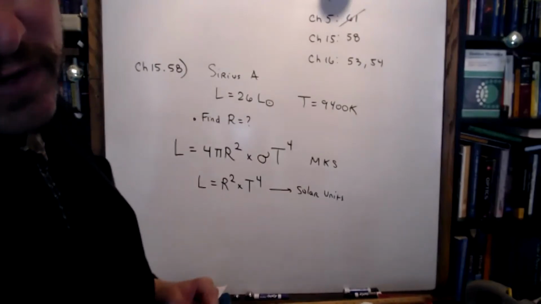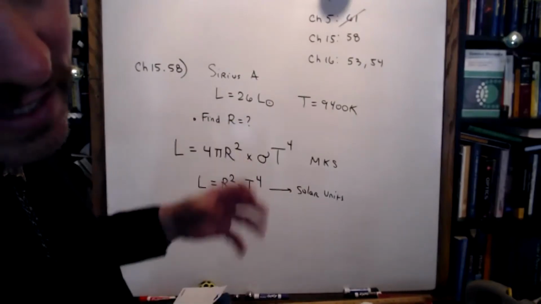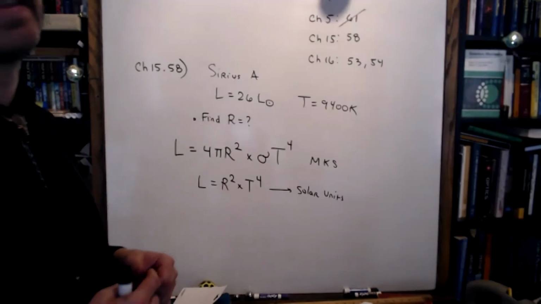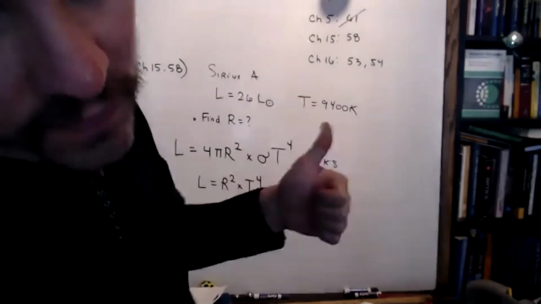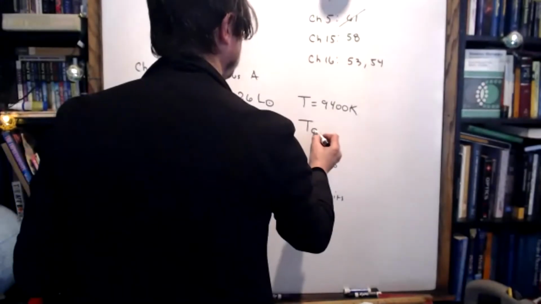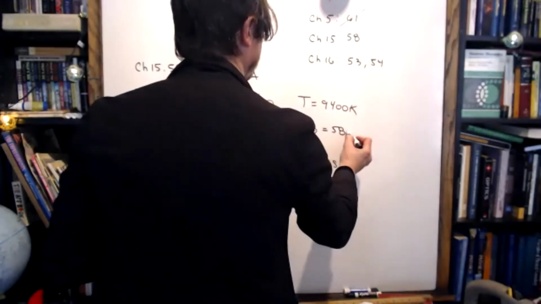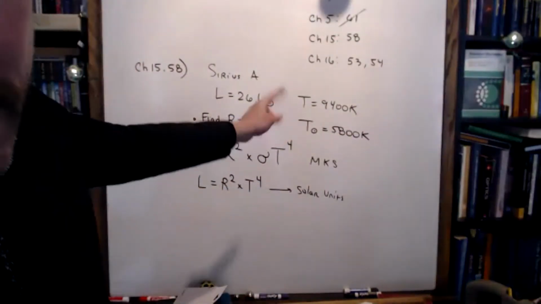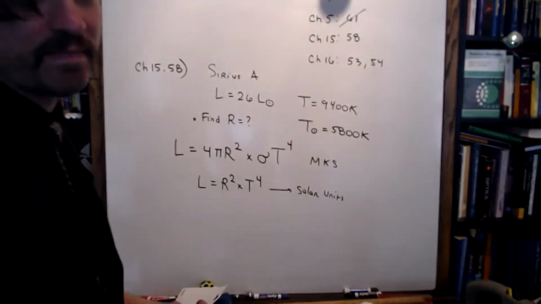Would you know how to convert 9,400 Kelvin to solar temperature equivalents? Divided by the temperature of the sun. Exactly. And what is the surface temperature of the sun? It's 6,000 Kelvin. Let's use 2 sig figs, 5,800. Christopher, I'm impressed with you that you were able to deduce that.